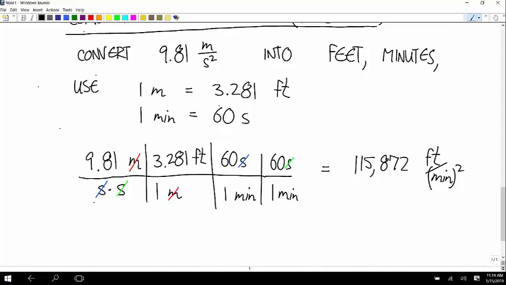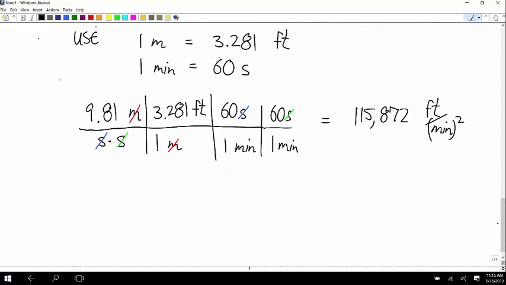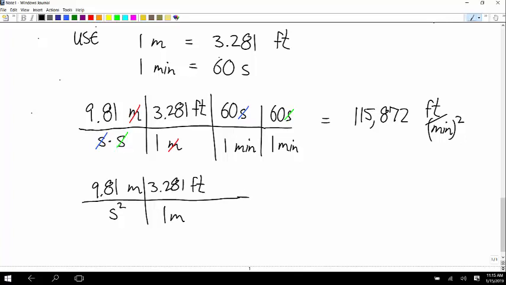So for that case, if you try to cross out the seconds, you have to have additional 60 seconds over 1 minute. Yeah, so right, you have to deal with another way. You could think of it this way too. You could think of it as 9.81 meters over seconds squared, and then we'll convert this 3.281 feet over 1 meter.